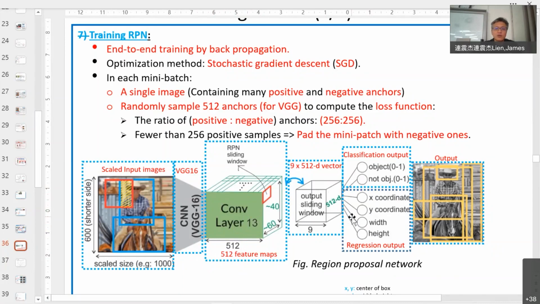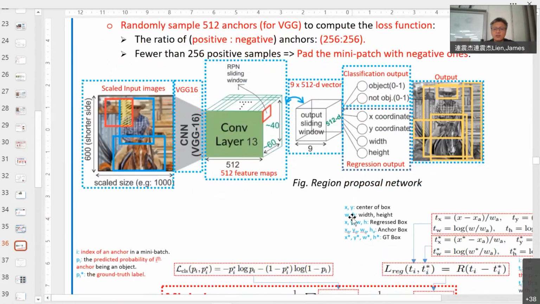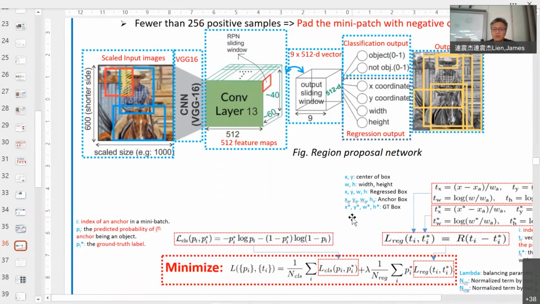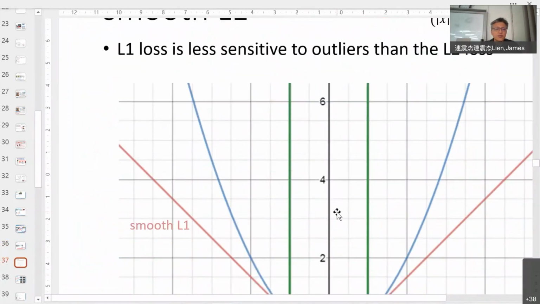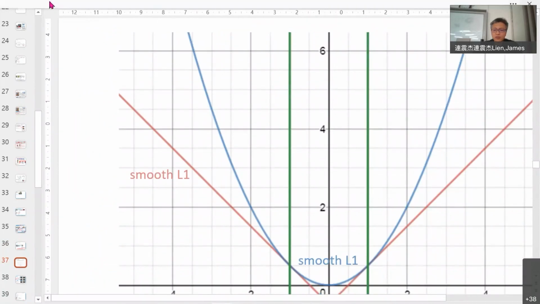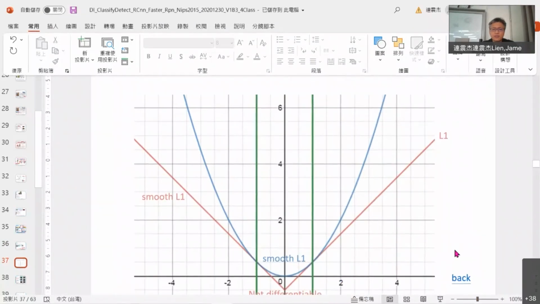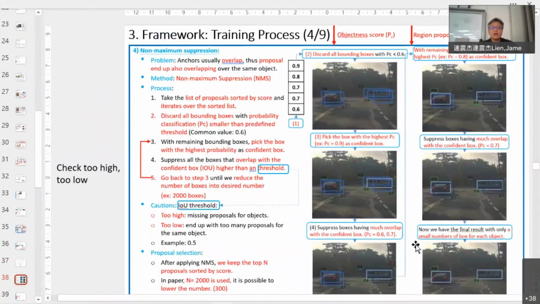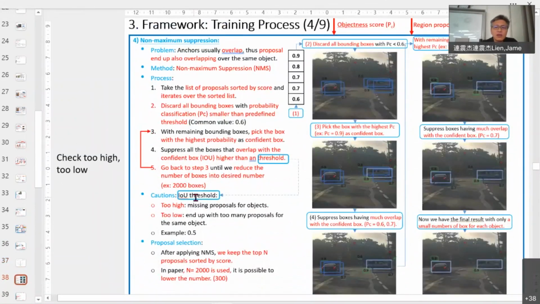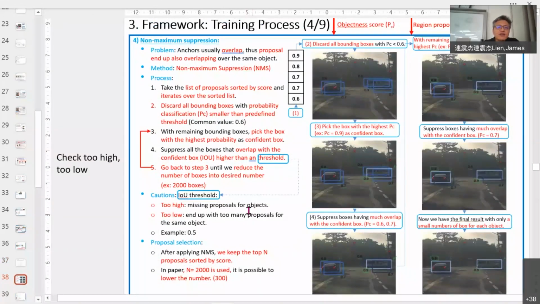So the region proposal network, the same as previous one, and it's smooth. 要继续。After you do previous one, this is still region proposal network.